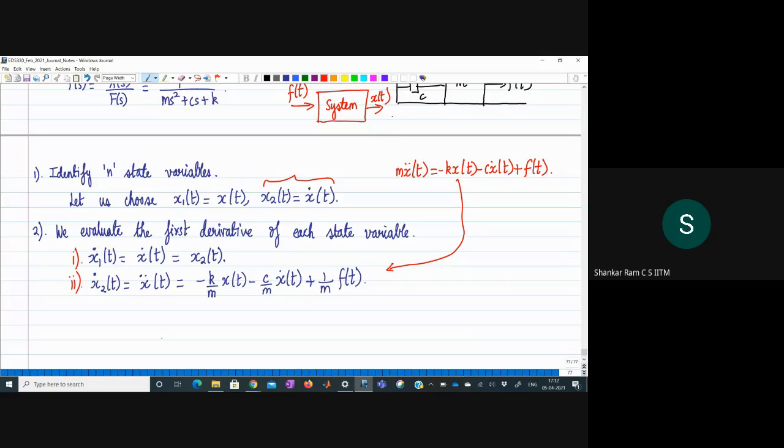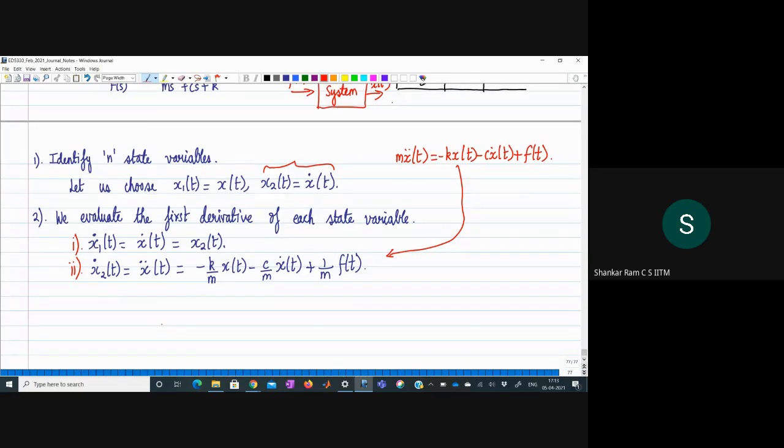State equations are first order differential equations involving the state variables and the input that characterize how the state variables evolve with time. If we integrate these equations, we get the time evolution of the state variables. In this particular case, if we integrate the two equations, we will get displacement and speed at each and every instant of time. So now what we do is the following.